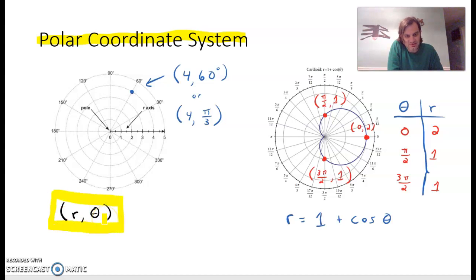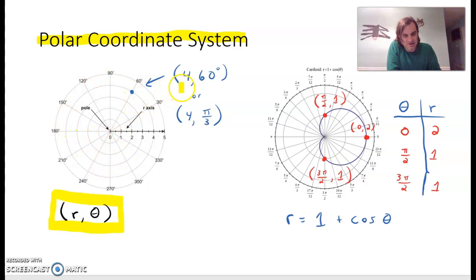So we usually talk about these points as being r, theta. Usually the radius is first. So from the center of a graph, the radius goes out a certain distance, and then the theta tells us how we're going to turn that and move it around.